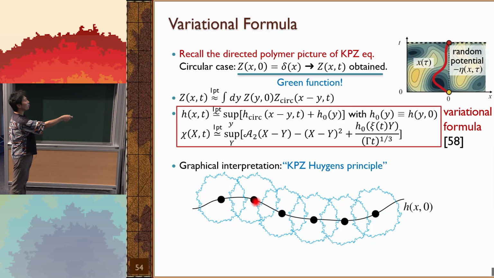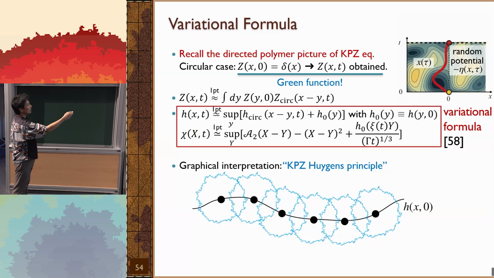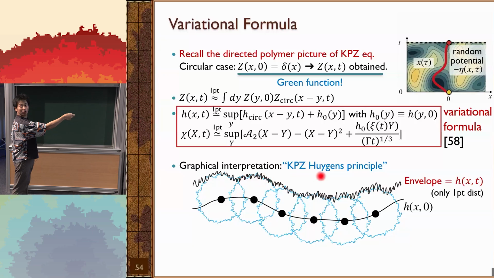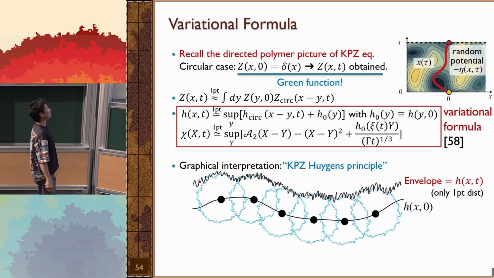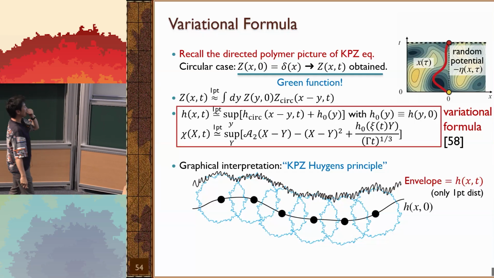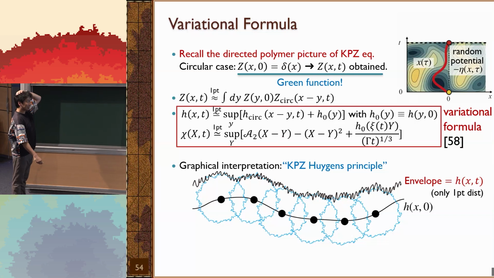And suppose from each point source you have a circular interface, then this formula tells us that we only need to take the envelope of these circular interfaces. Then this envelope is nothing but this sup. And according to this formula, it gives you the correct one-point quantity of the height from this kind of general initial condition. So it's really like the Huygens principle of optics, but with some fluctuations in circular interface systems.